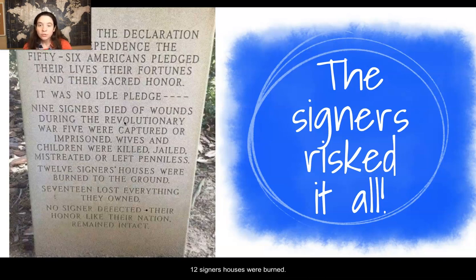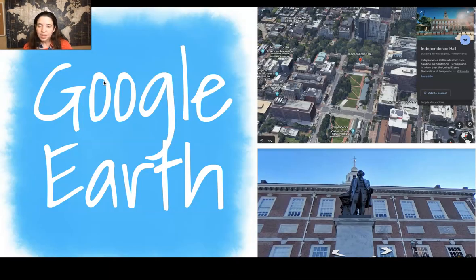Twelve signers' houses were burned, and 17 lost everything they owned. And what's incredible about this is that not a single one of the signers defected or turned themselves over to England or turned their back on the Declaration of Independence. They all stayed committed. That's incredible.